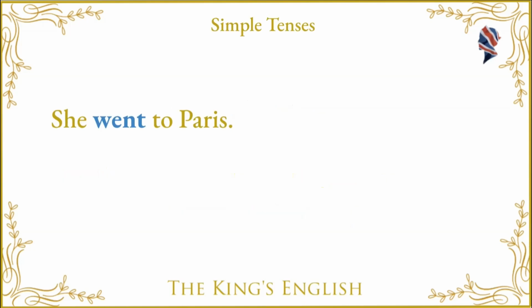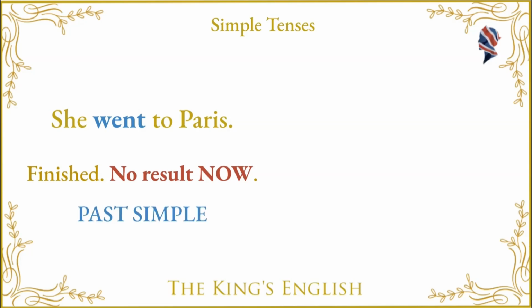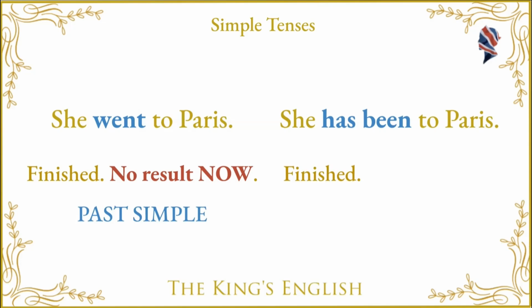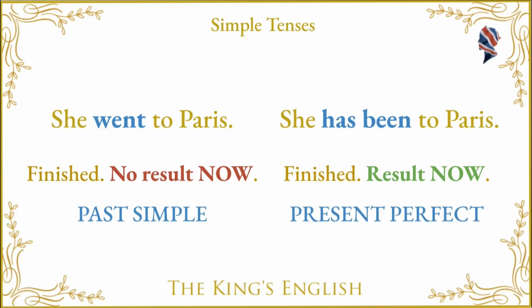She went to Paris. Finished. No result now. Past simple. She has been to Paris. Finished. There is a result now. Present perfect.